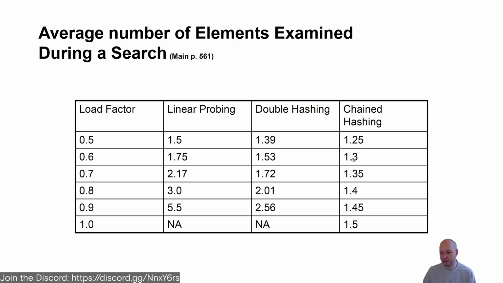And this particular graph definitely reflects a lot of what I've been hinting at this entire lecture: if you have a very specific use case for linear probing and double hashing, do it. But chained hashing, unless you have some memory concerns, can really beat these things most of the time.